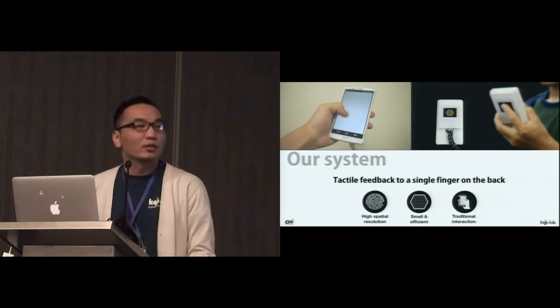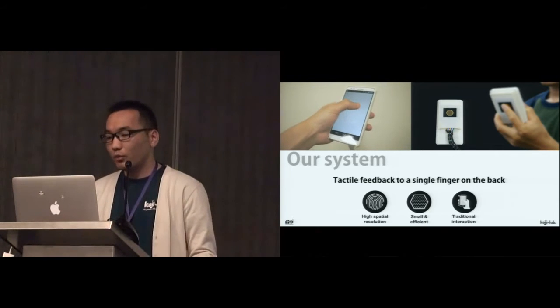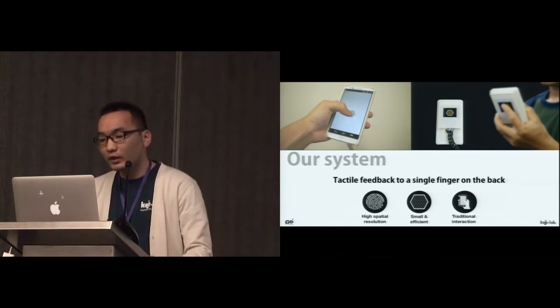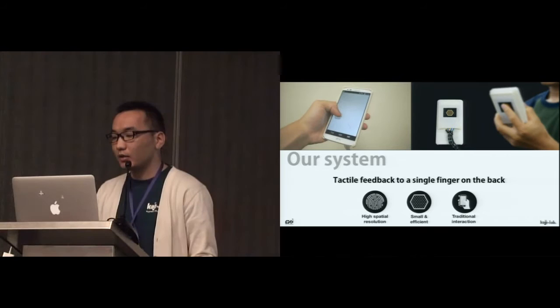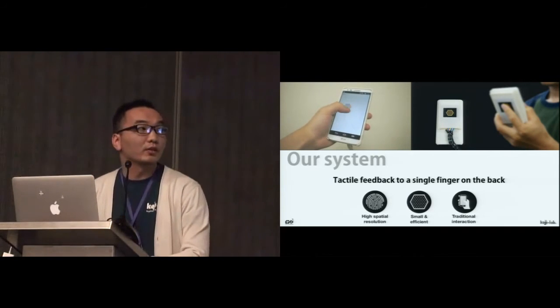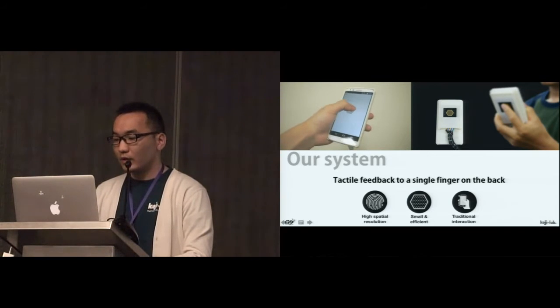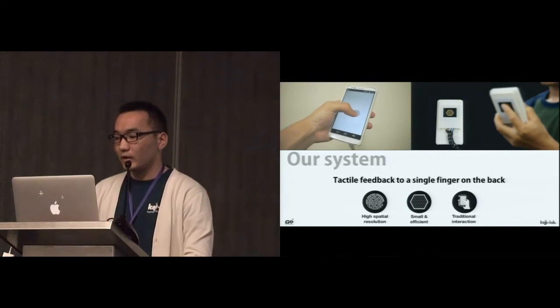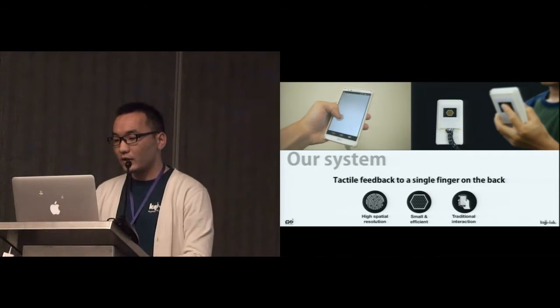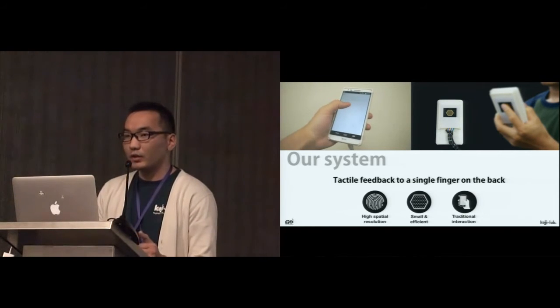Considering all these issues, we proposed a new method. In our system, the tactile stimulation is presented to a single finger on the back. The information around the finger is delivered to the finger on the back as a tactile stimulation. For this reason, we have three merits in our system.